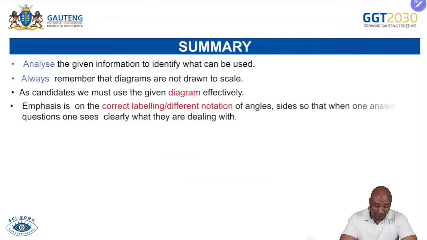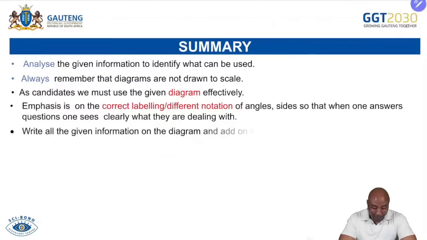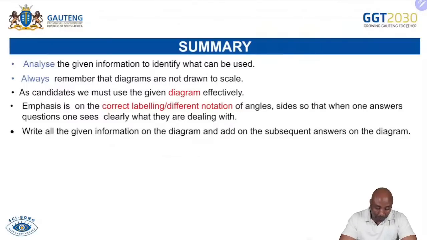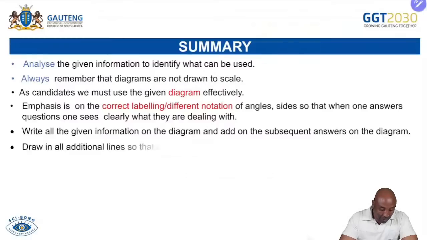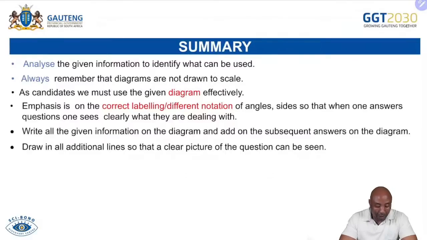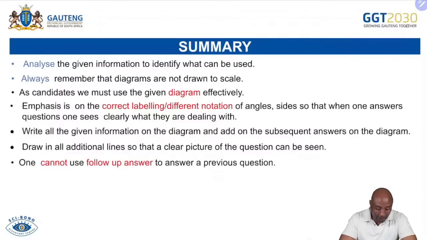Add information to your diagram, label correctly, use the correct notation for angles, sides, and as when we answer questions, we add information to the diagram, as well as we draw in all additional lines so that we get a clear picture. You saw as I was doing questions, I was adding information to the diagram.